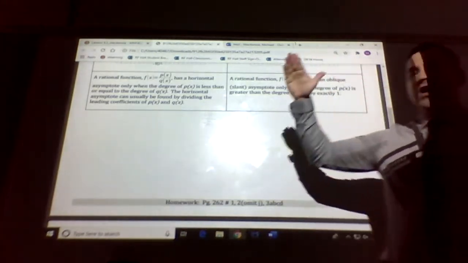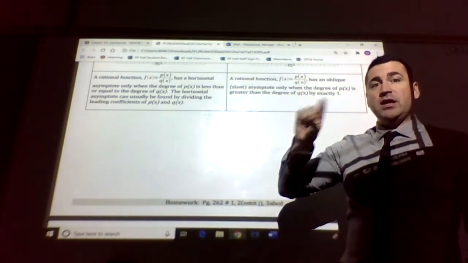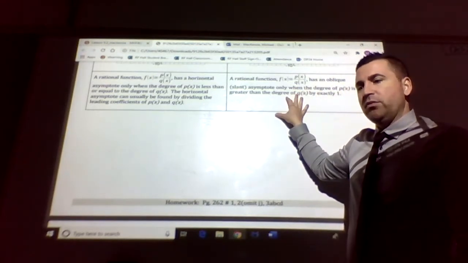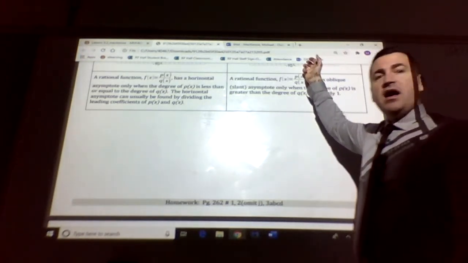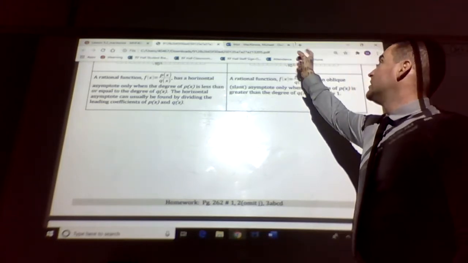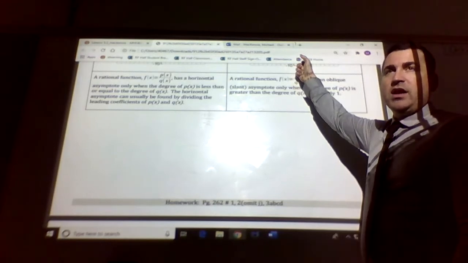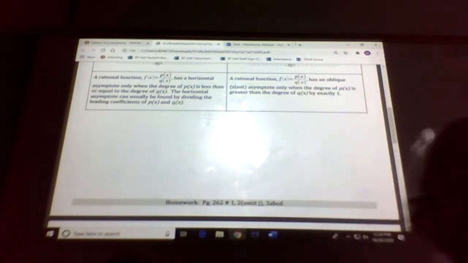So if the numerator is greater than the denominator in degree by 1, then it has an oblique asymptote. In the previous example, I did have a degree that was 1 higher, but I was able to factor it and cross it out. The top one had x squared minus 4, and the bottom, I'll show you again.